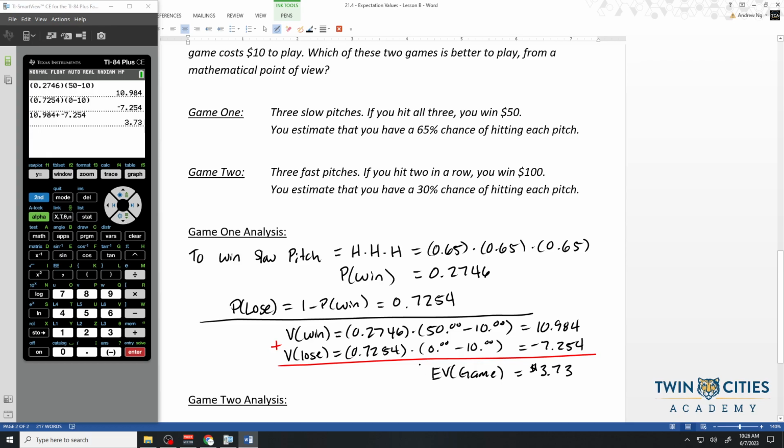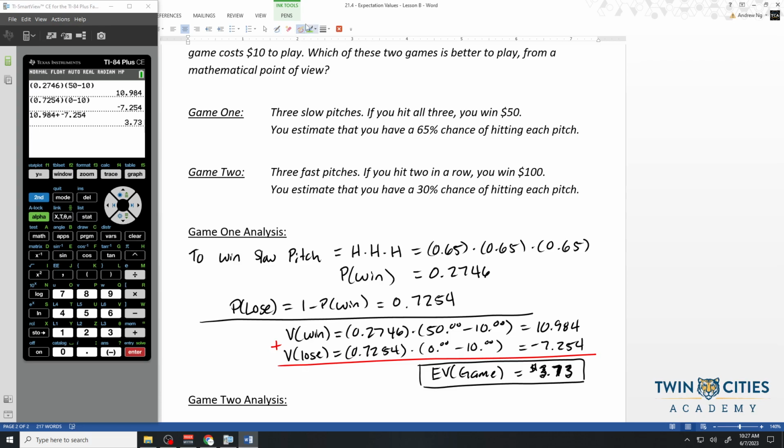In other words, if it were possible for me to play this game forever, I never get tired, I would expect on average to win about $3.73 per play. That seems pretty good.